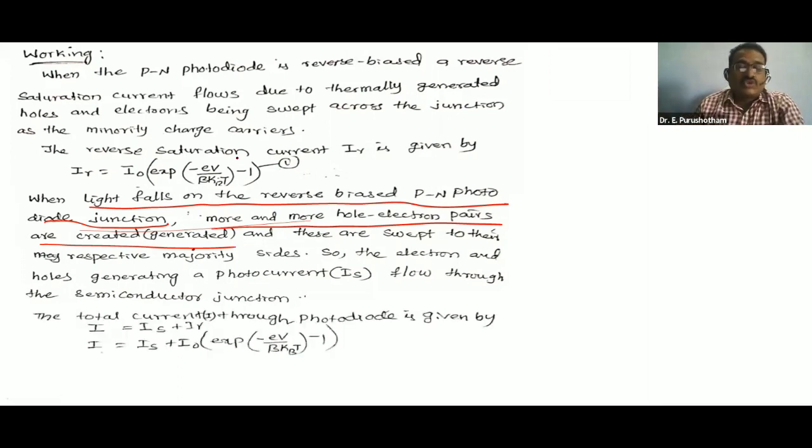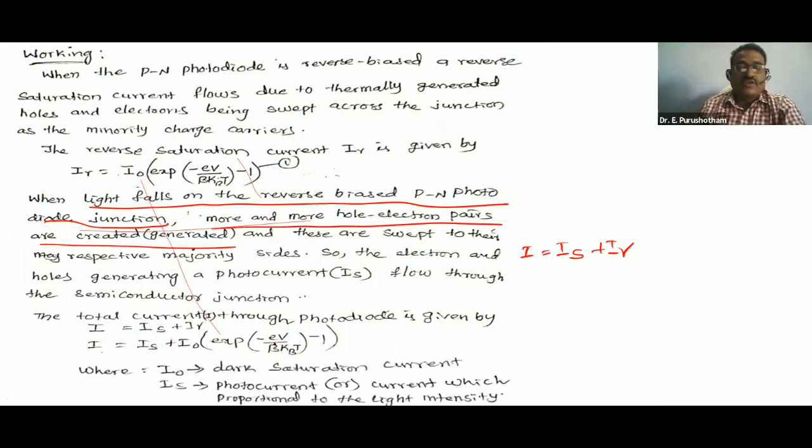So the total current I through the photodiode is equal to the photocurrent plus the reverse saturation current. That is equation number 1: I is equal to Is plus I naught exponential of minus eV by beta KBT minus 1, where I naught is the dark saturation current.